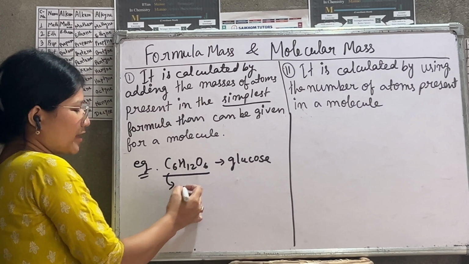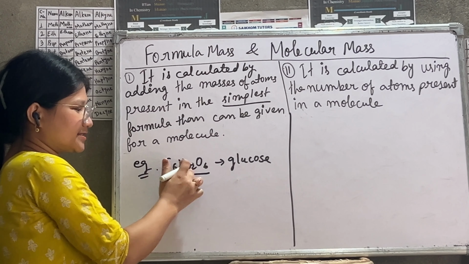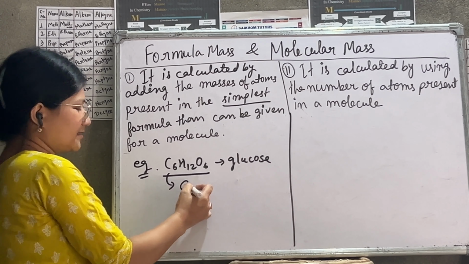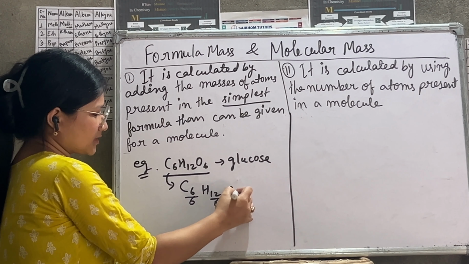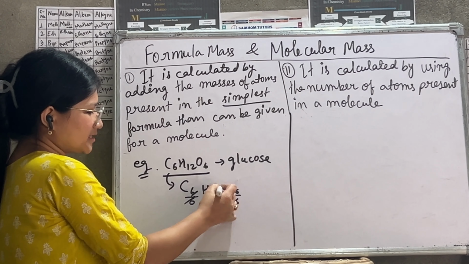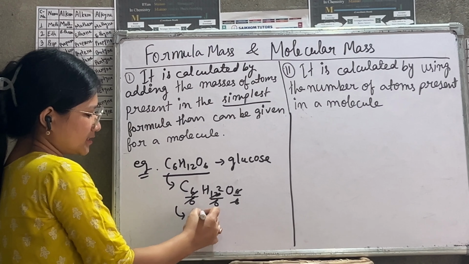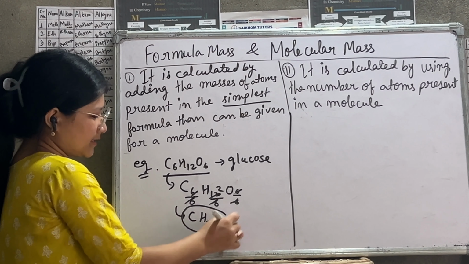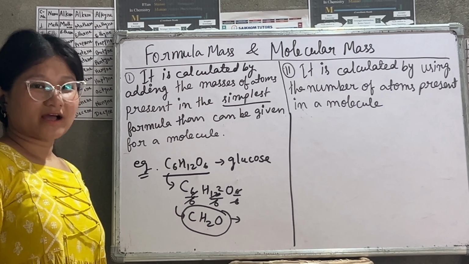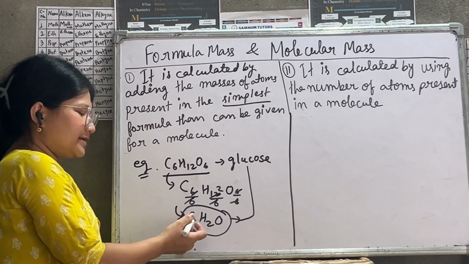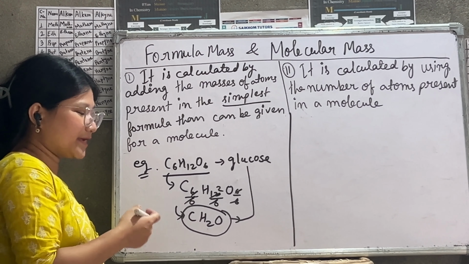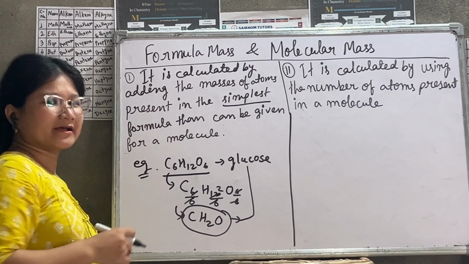When you divide by 6, its simplest formula is CH2O. By converting this into the simplest form, you can calculate the formula mass.